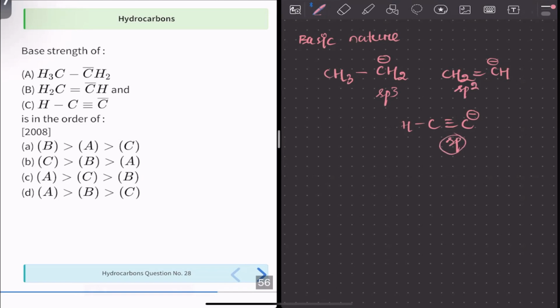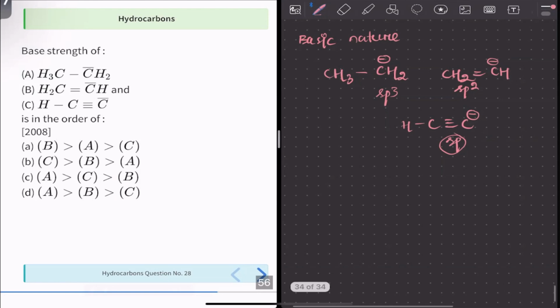Okay, so with the increasing percentage of s character, the electrons will be attracted more towards the nucleus. That means the molecule can stabilize the negative charge better. The more stable the carbanion will be, the decreased tendency it has to donate electrons.